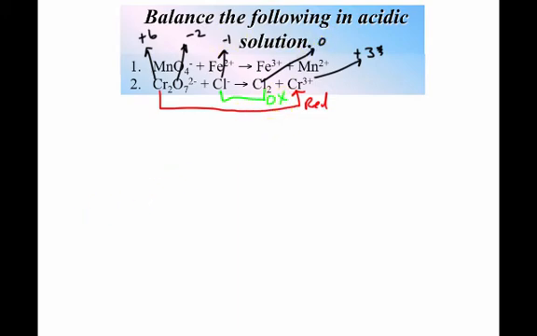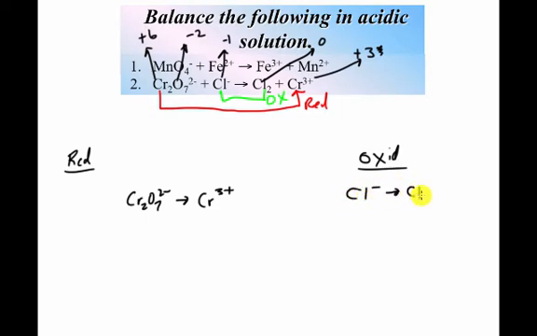All right, so write them both out in two half reactions. My reduction I'm going to put over here. Oxidation I'm going to put over here. All right, so you got dichromate, 2-, and that's going to go to chromium 3+, and I have chloride, Cl-, and I have chlorine. All right, so let's come over here, balance my chromiums.